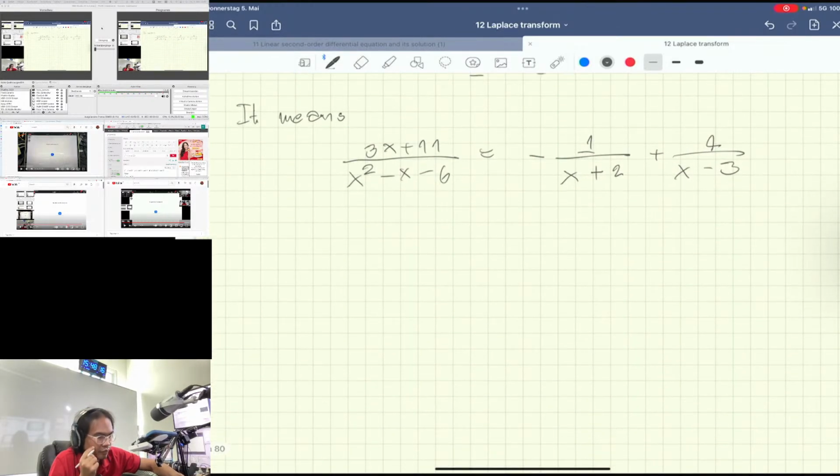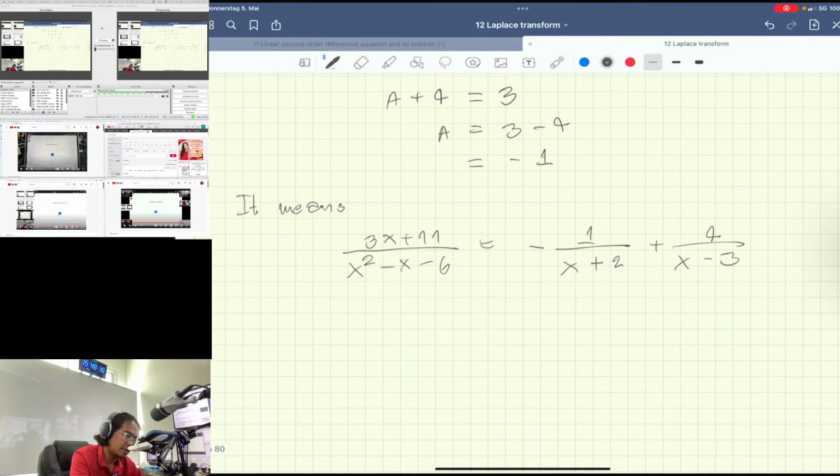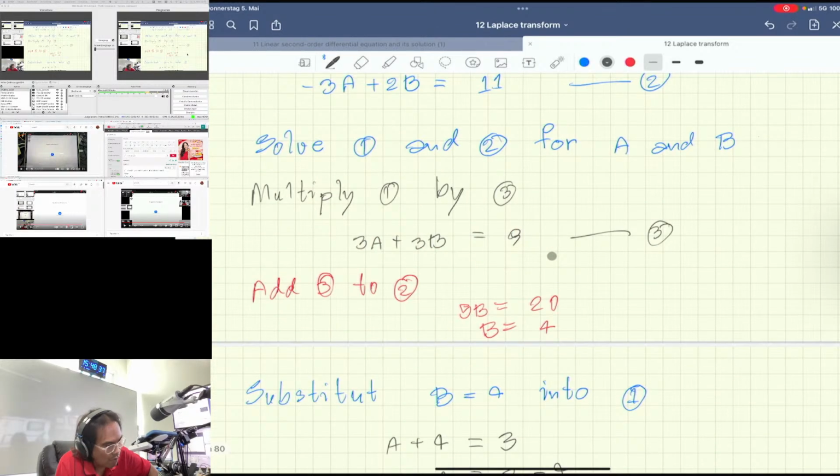So that's the partial fraction decomposition. It means if you have a single fraction, it can be decomposed into two fractions, two ratios like this.